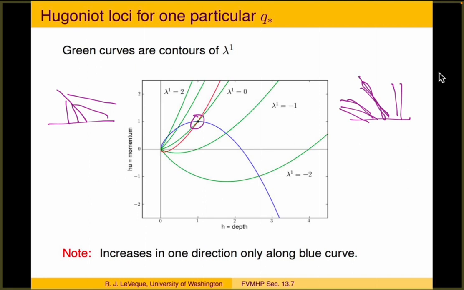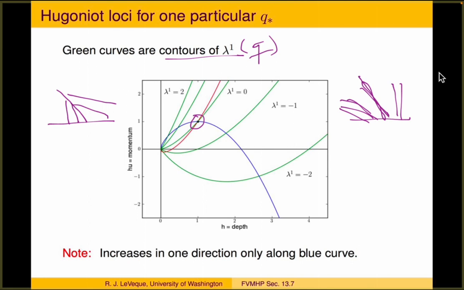So that depends on how lambda 1, which is the speed of these characteristics, varies in the phase plane. So again, it's much more complicated than in the scalar case. The green curves here are actually contours of lambda 1. Lambda 1, remember, is a function of q. So this is our phase space, the first component of q versus the second component.